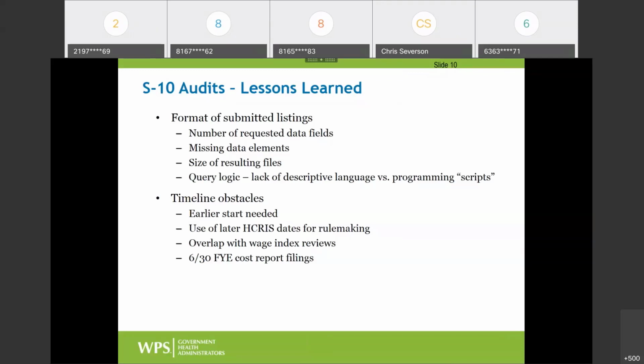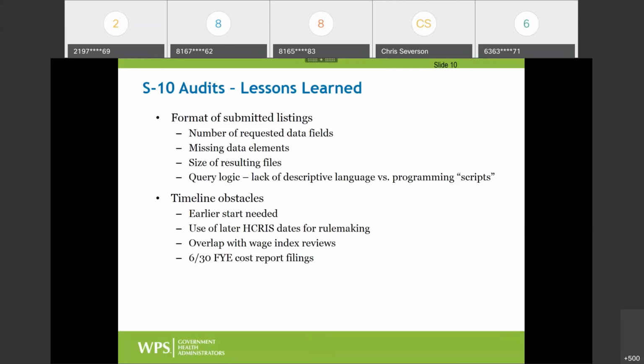One of the other things that's been mentioned is that we can extend the back end of this timeline by utilizing different HCRIS states. But as we've discussed these issues with CMS, some of those things are locked in as part of regulation, as part of the statute, as part of that rulemaking process. It's not as though they don't have the ability to move some things if there's a great justification.